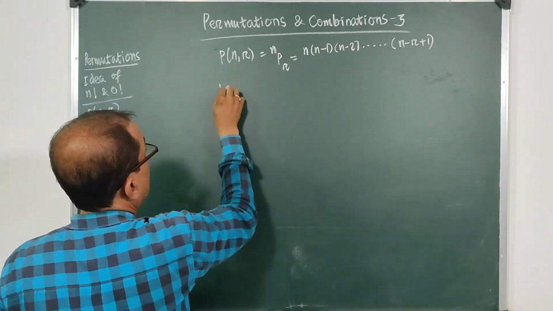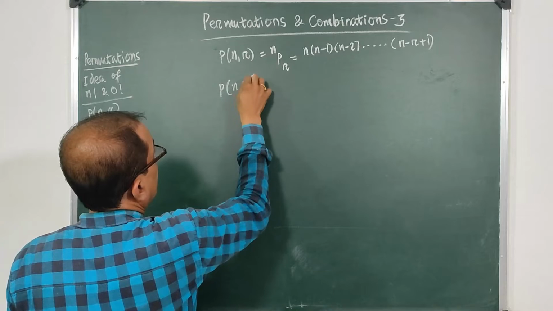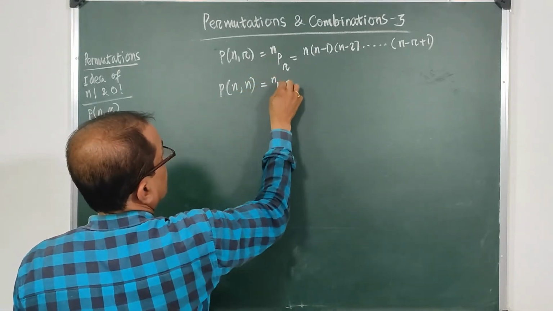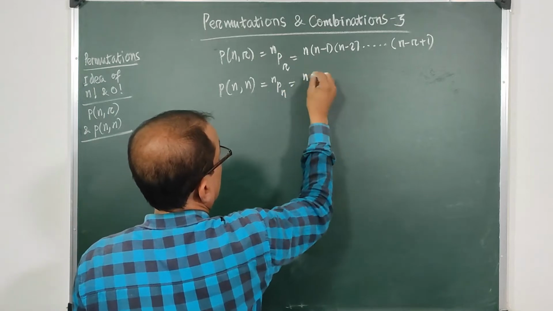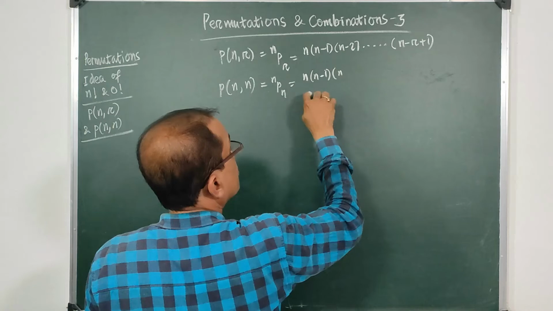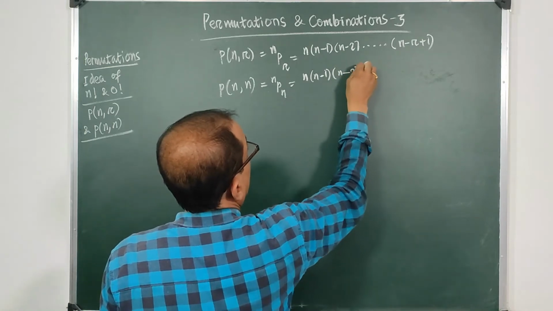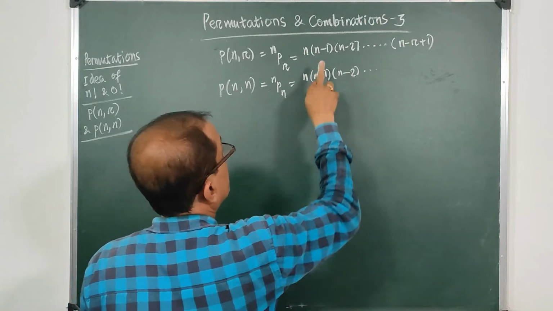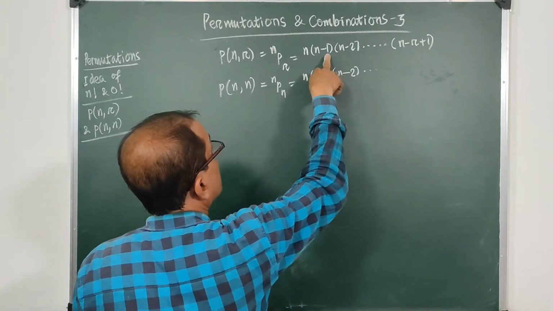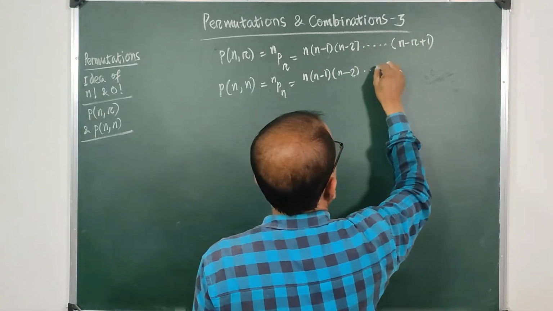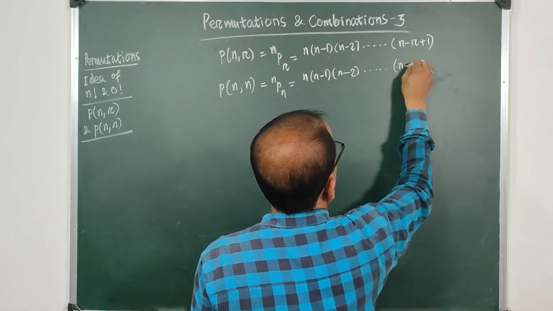And what if we try to find nPn? So we have to start with n and gradually decrease by 1 every time, and keep decreasing till we have decreased n things. In the second we reduce by 1, the third reduce by 2. So the nth term will reduce by n minus 1.